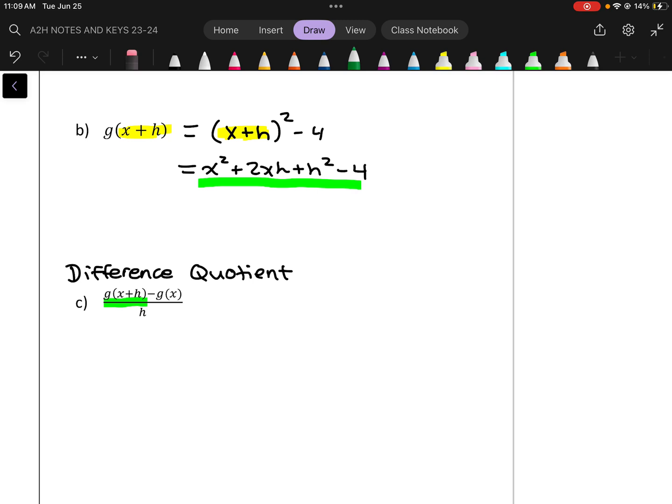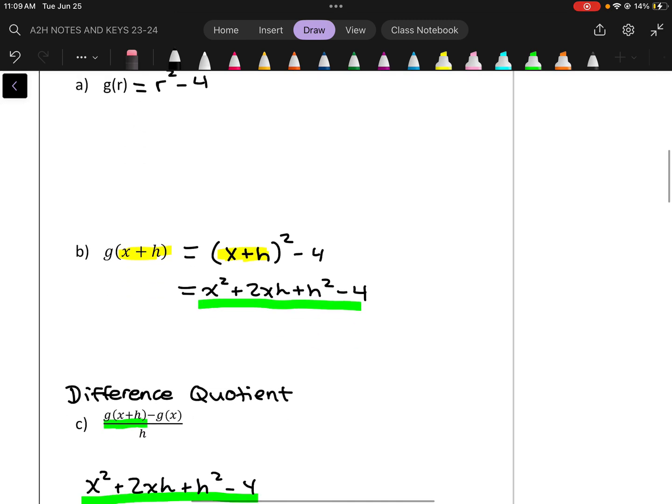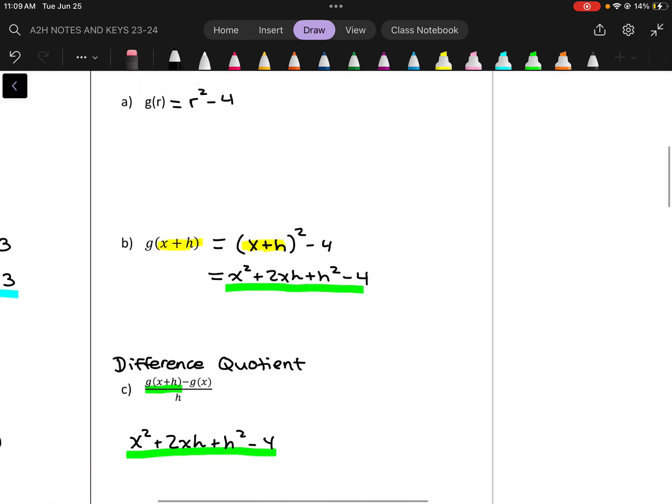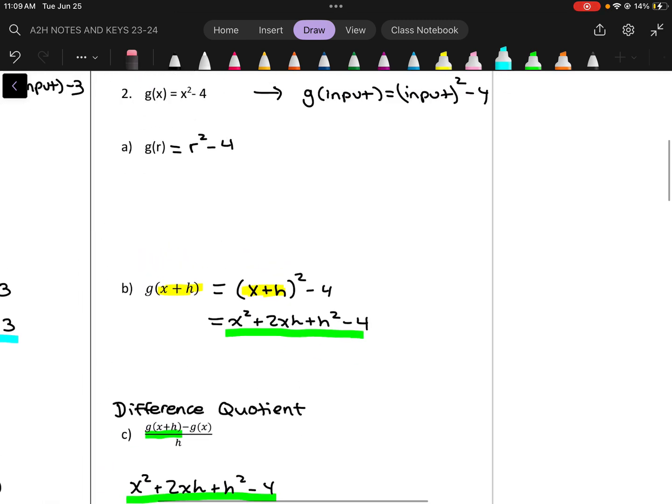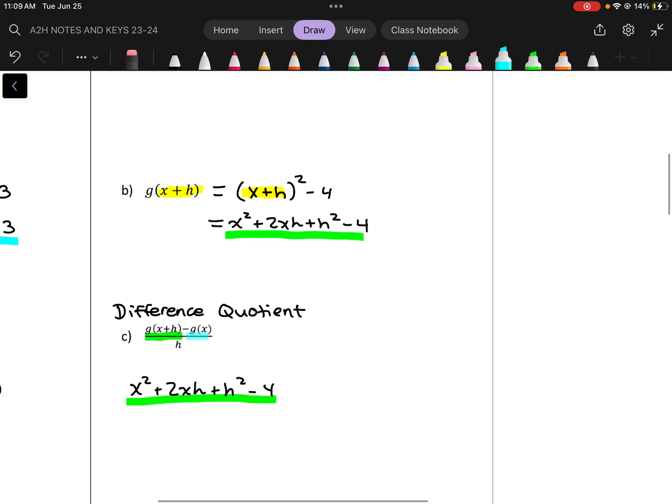So if we do g of x plus h, we get out x squared plus 2xh plus h squared minus 4. That's exactly from up here. And g of x itself was x squared minus 4. If you're into color coding and you want to do that, x squared minus 4. Again, don't forget parentheses.